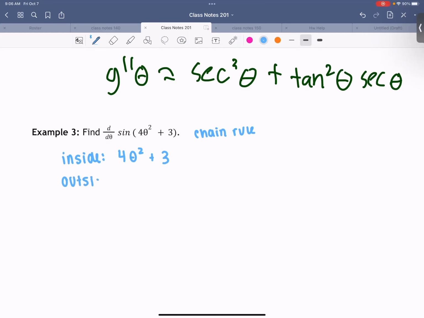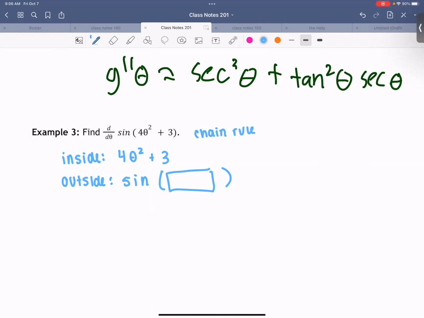What's the outside function? Sine, right? Sine is being applied to the inside function. It's on the outside. Now, I like using little boxes because in my head, it's easy to think about filling in the box. So this is the outside function. Okay. Remember, chain rule is the derivative of the outside function times the derivative of the inside function, right?